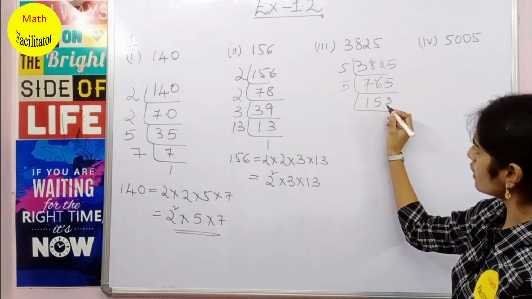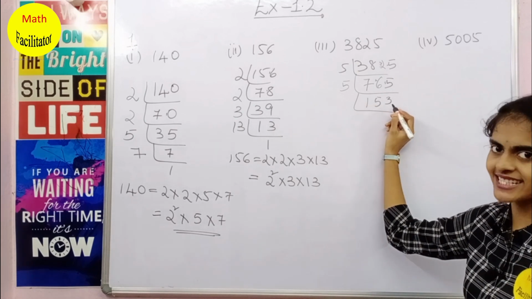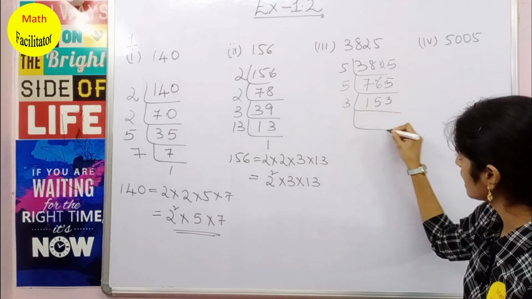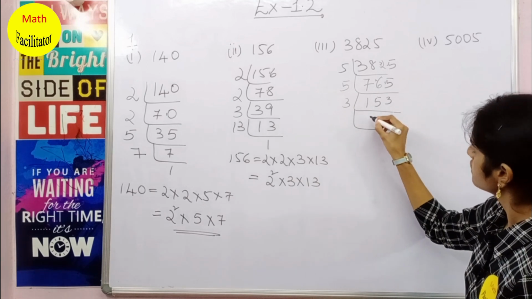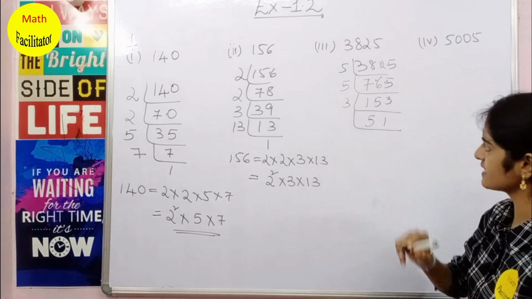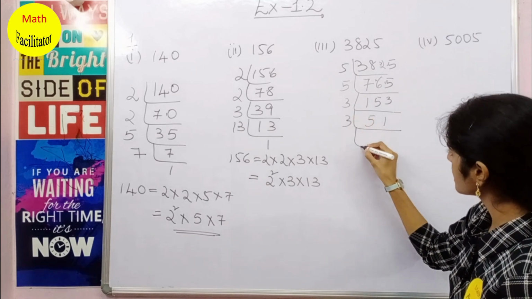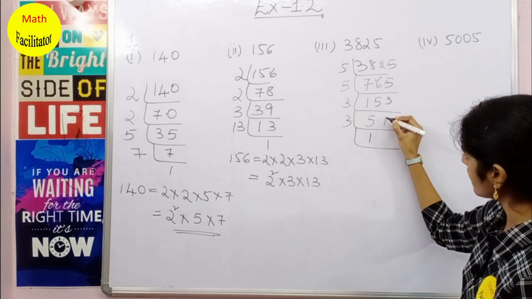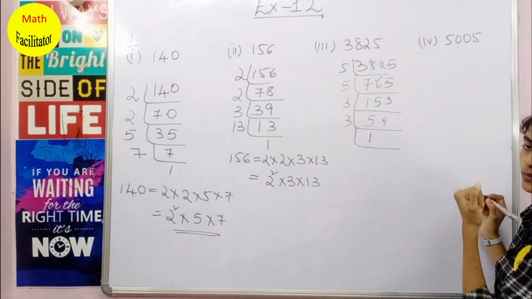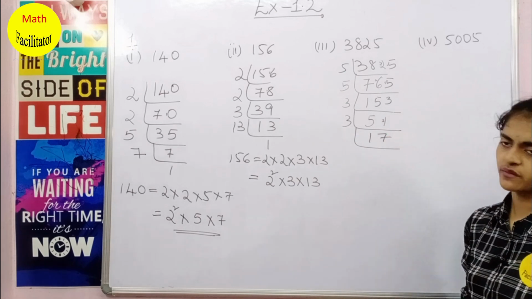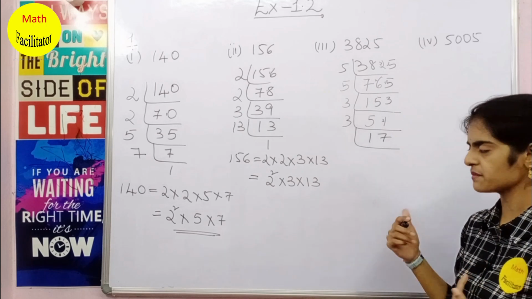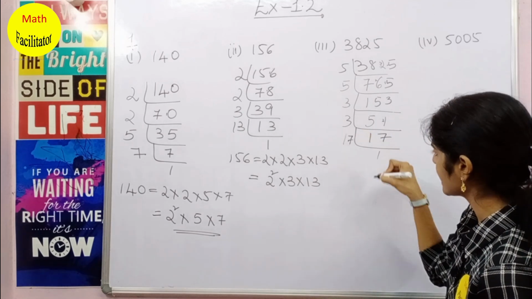Clear? So now here you have 3 in the units digit. So let us try with the 3 table. So 3 5s are 15 and 3 1s are 3. So you got 51. Now let us try with the 3 table again. 3 1s are 3, 2 is a remainder. Now this becomes 21. So 3 7s are 21. Now 17 is a prime number. So let us take 17 directly.